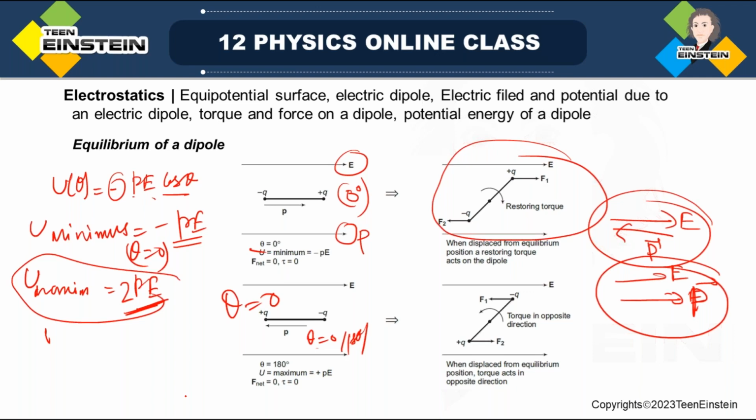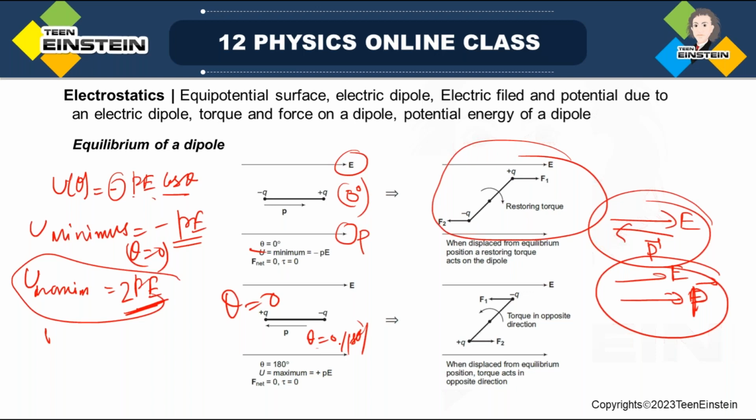Okay, so theta equal to 0 is the stable equilibrium for the dipole, and not this one.